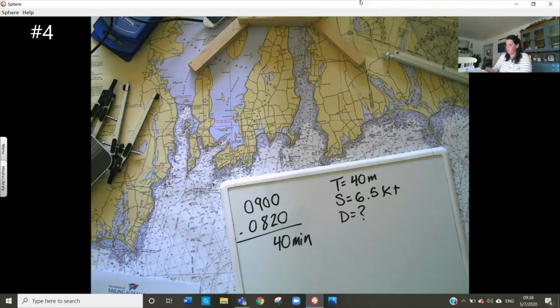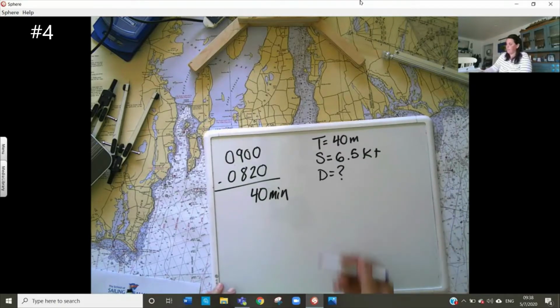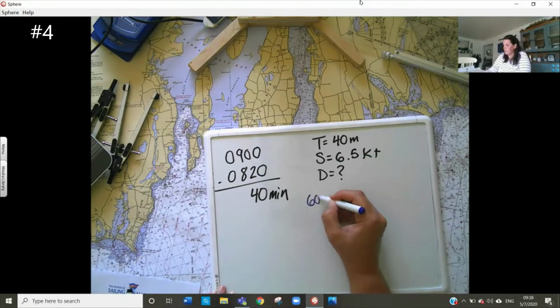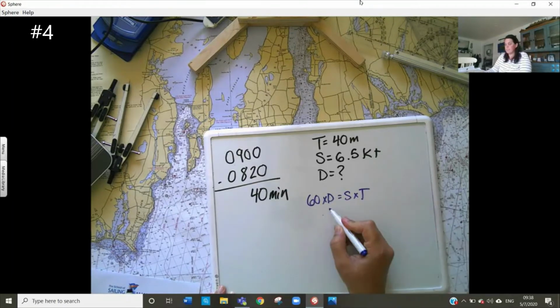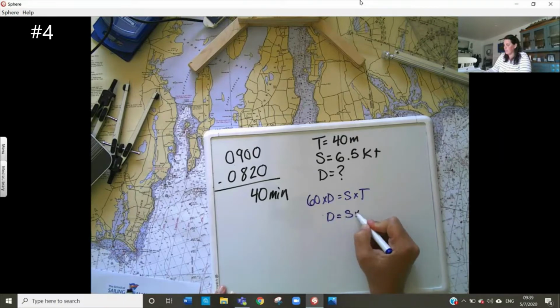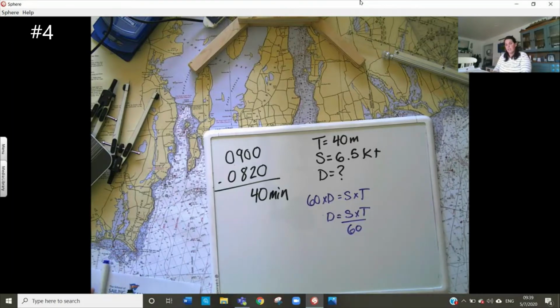So we need to go to 60D Street, and I will do the formula here. We have 60D Street, and we want distance by itself. So we're going to move that 60 over to this side. So we get D equals S times T divided by 60. Now I can plug my numbers in, and I get a speed of 6.5 times a time of 40 minutes divided by 60.